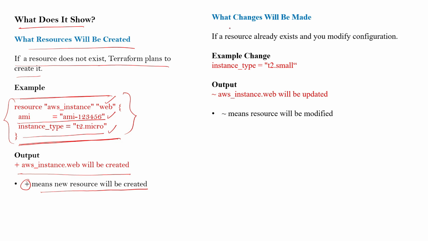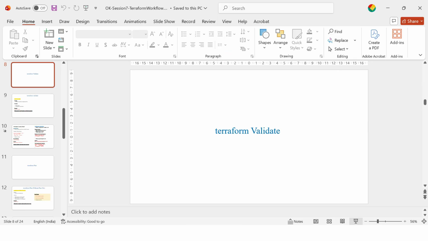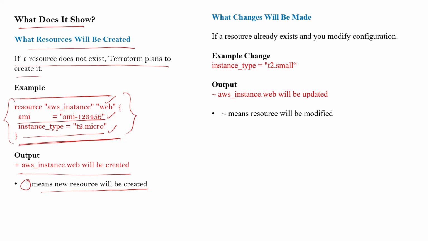Right. Now suppose you want to see what changes will be made. Suppose you are going to update some instance. You have a virtual machine with t2.micro configuration, and you are going to change the instance type of your machine from t2.micro to t2.small. So for that you will define instance type t2.small.